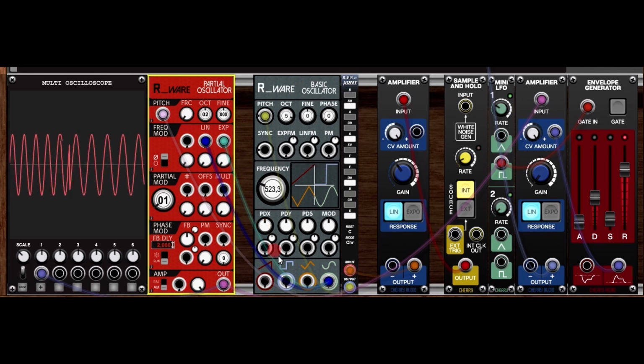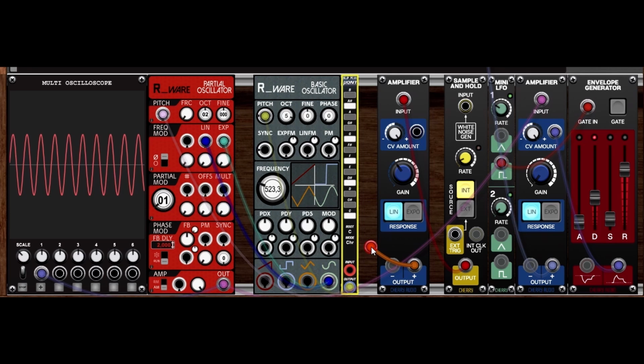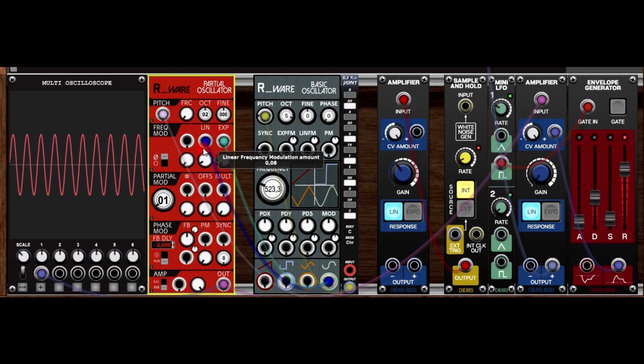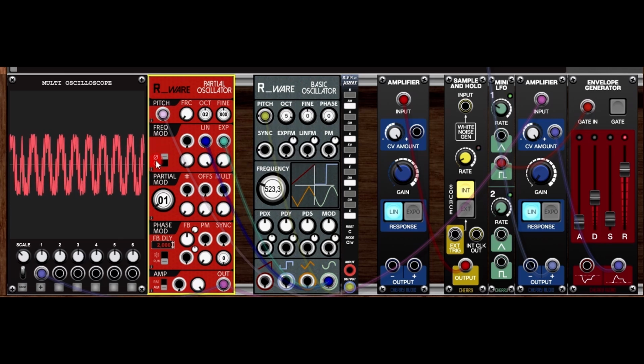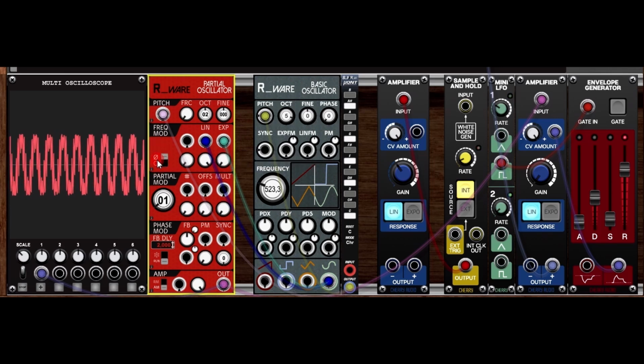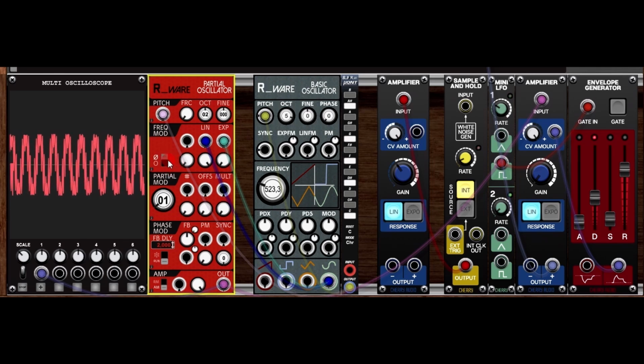Let me remove the pitch modulation. And now compare linear through zero, as it is now. With this knob, the upper symbol means through zero, and the lower one without through zero.